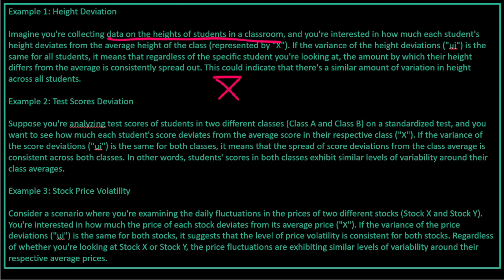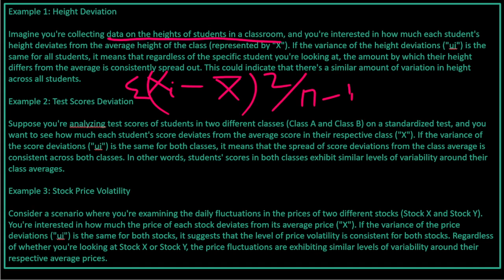If the variance of the height deviations, that is the summation of xi minus x bar whole square divided by n minus 1, is the same for all students, it means that regardless of the specific student, the amount by which their height differs from the average is consistently spread out. There is a similar amount of variation in height across all students, that is, equal variance in height for all students.